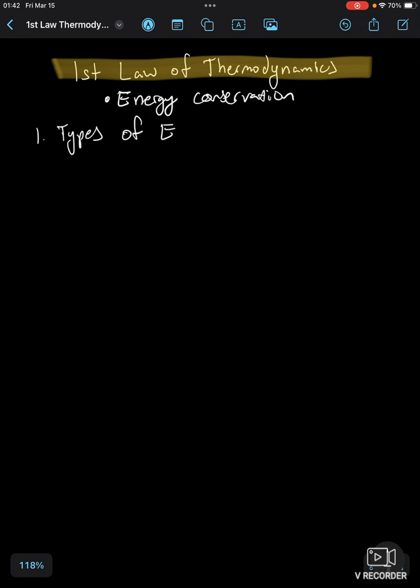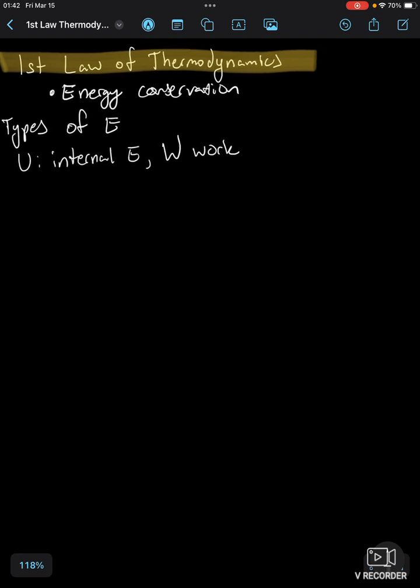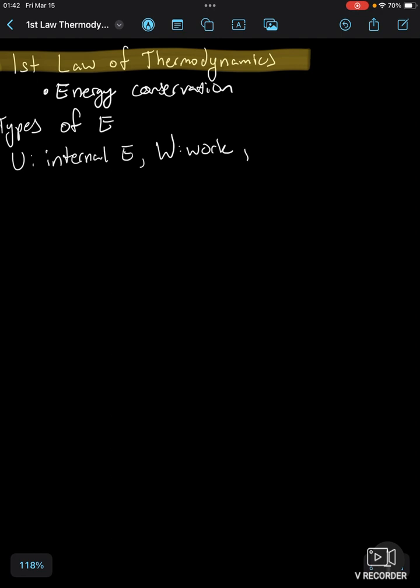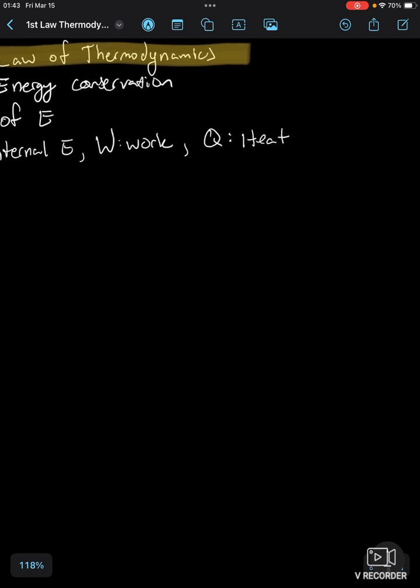We are going to be looking at U, which in this case is internal energy. We're looking at W, which is work. And we're going to be looking at Q, which is the heat of the system. And since this is all energy, this is all going to be in dimensions of joules.